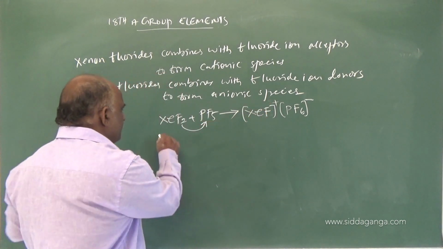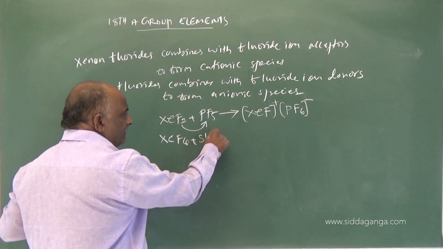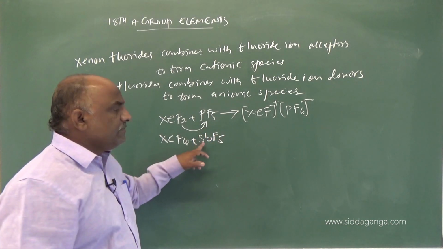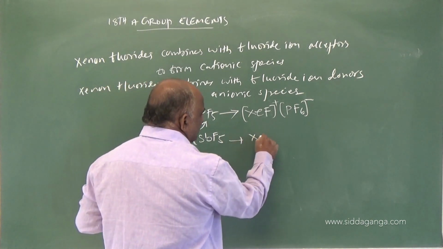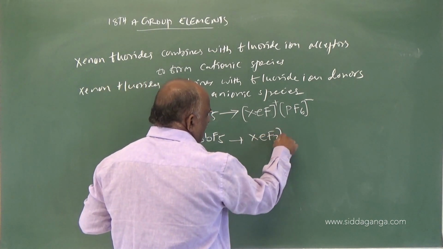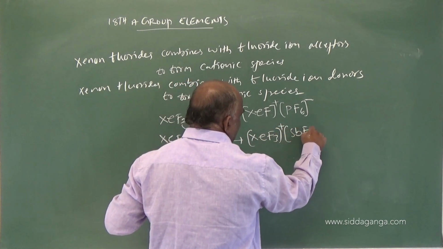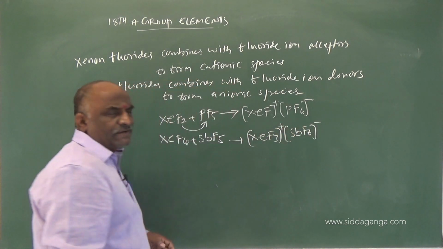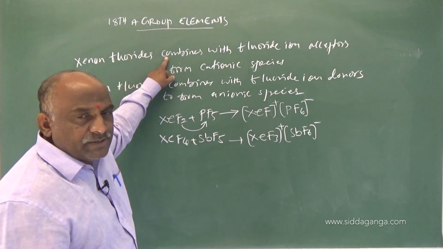Instead of that, if you take XeF4 plus SbF5, antimony pentafluoride, here also we will get XeF3 plus and SbF6 minus.